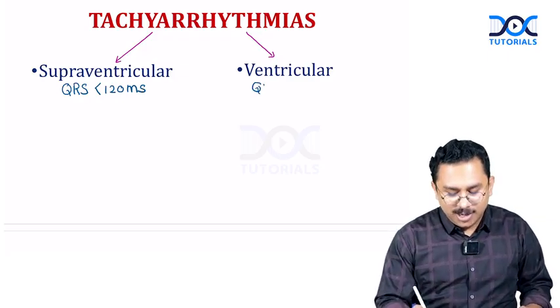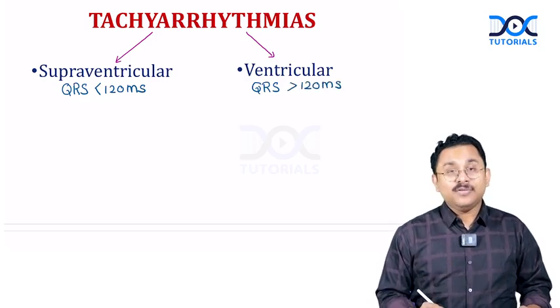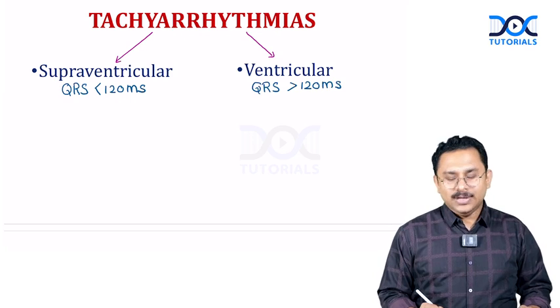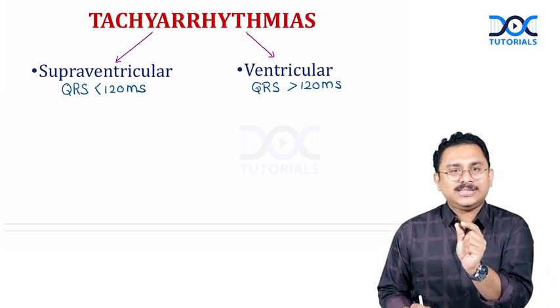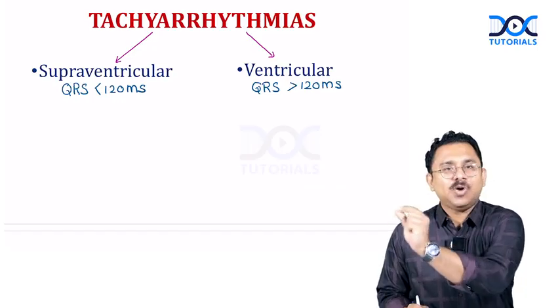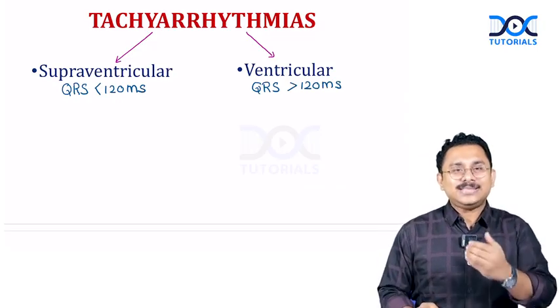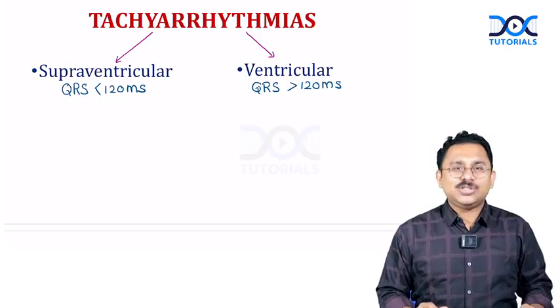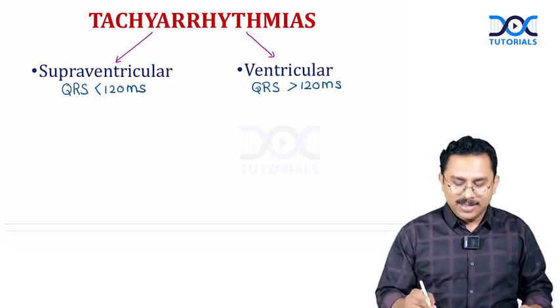And if the QRS duration is more than 120 milliseconds, it is called a ventricular tachyarrhythmia. So you can see, if the duration of QRS complex is more than 3 small squares, it would be a ventricular tachyarrhythmia, and less than 3 small squares, it is likely to be a supraventricular tachyarrhythmia.